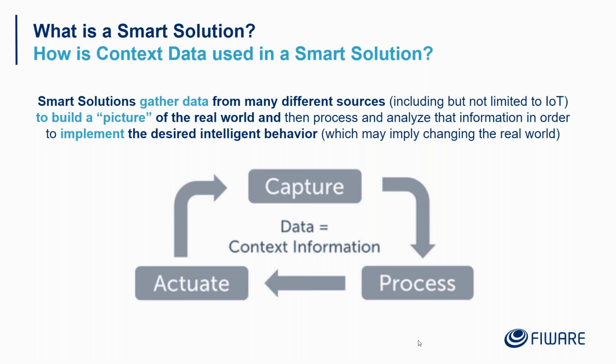And then it builds a picture of the real world to process it, analyze it, and implement a decided intelligent or smart behavior, which, in the case of a robotic system, is crystal clear: it may imply changing a state of the world.